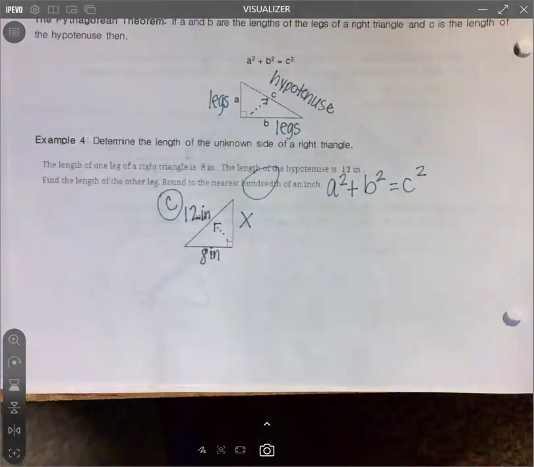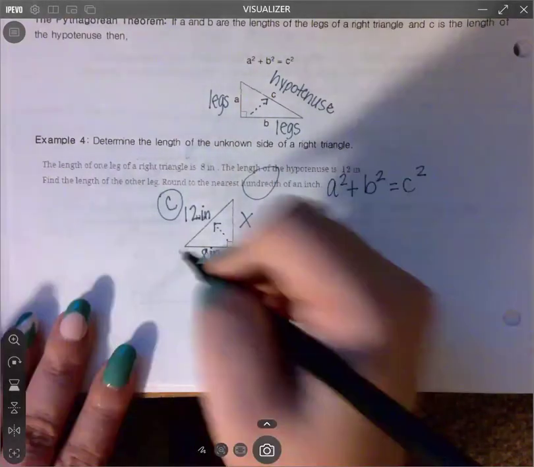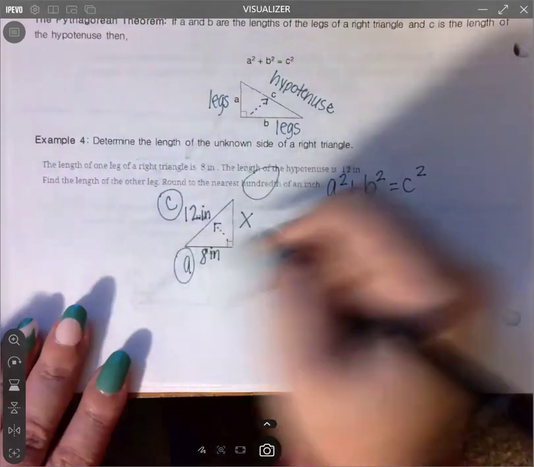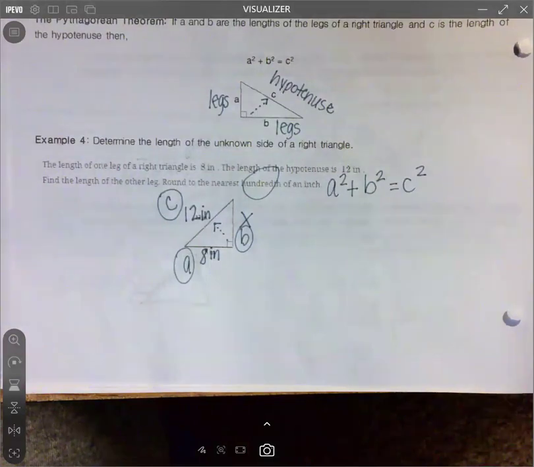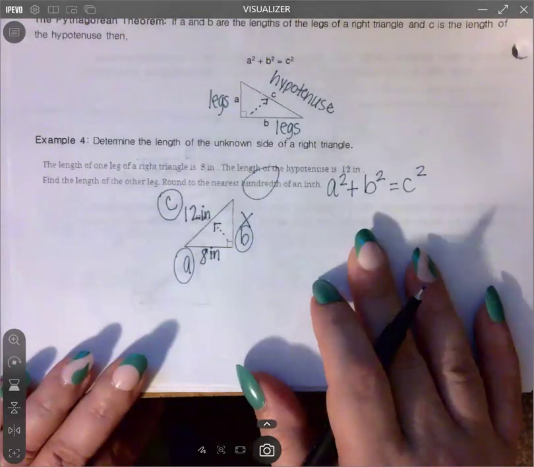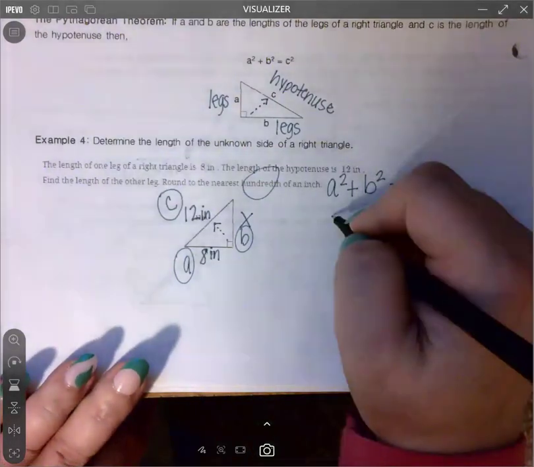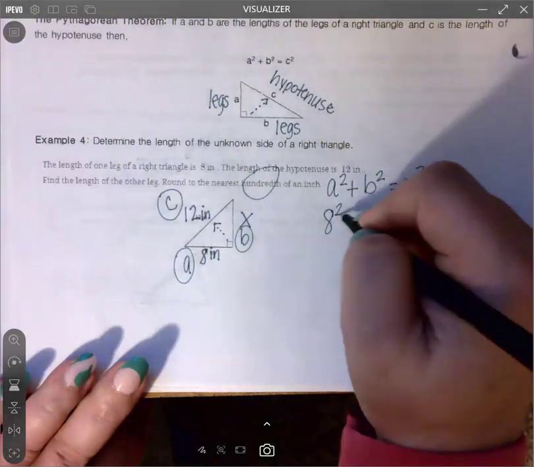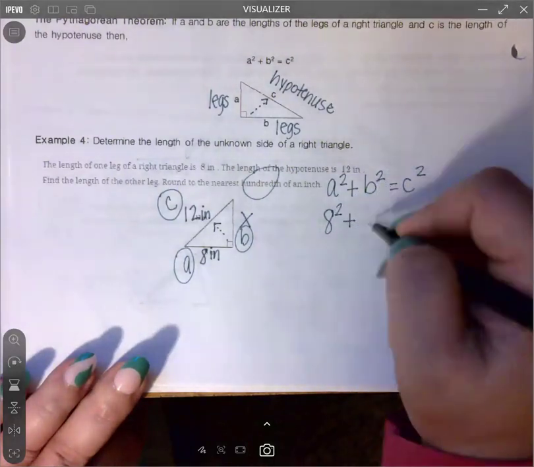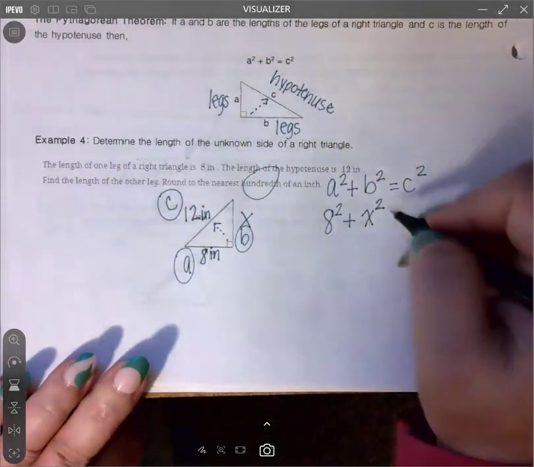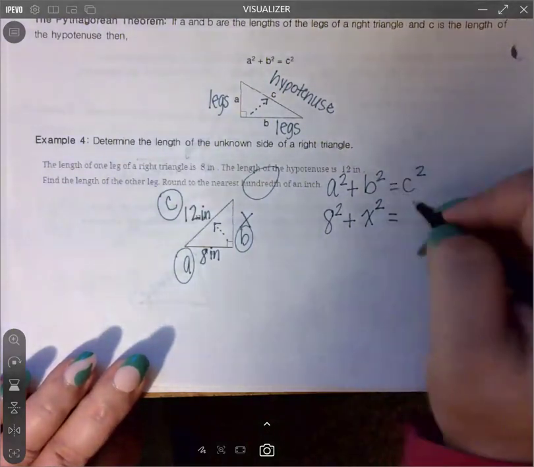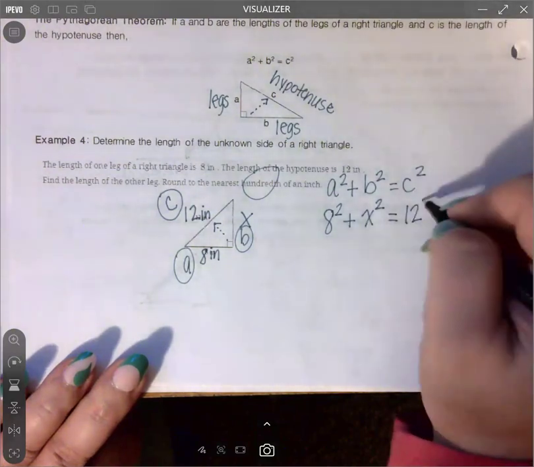The other two sides, it doesn't matter which one's A and which one's B. So I'm going to make this one A and this one B. We're then going to fill in the values that we are given into our formula and solve for our unknown. So a squared, 8 squared. B squared, I'm just going to make it be x squared for my distance. And c squared will be 12 squared.